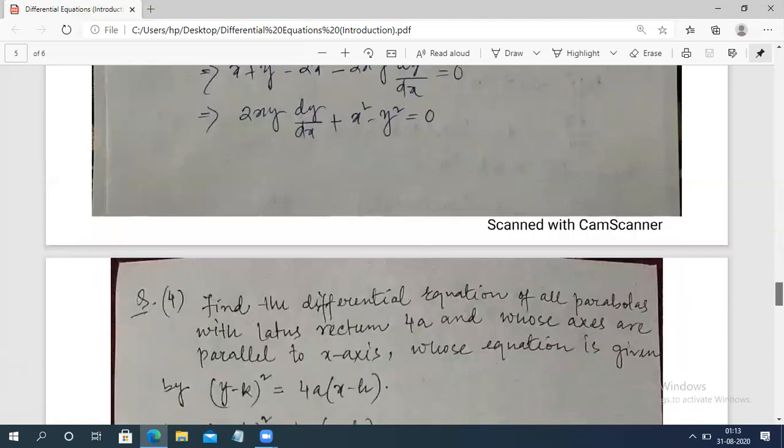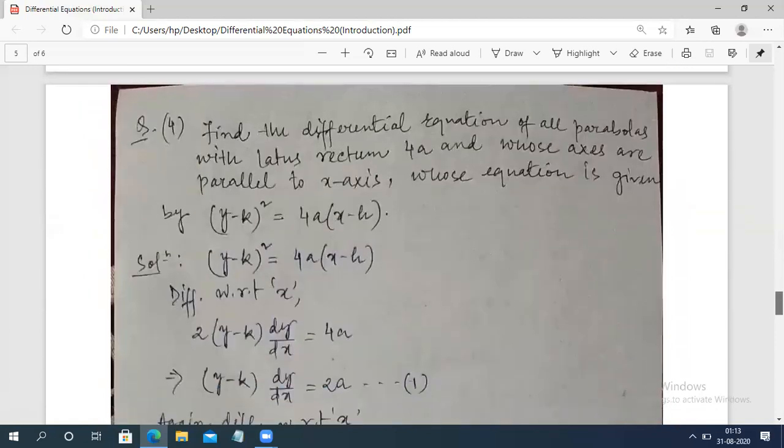And the next question: find the differential equation of all parabolas with latus rectum 4a and whose axes are parallel to the x-axis, whose equation is given by y minus k whole square is equal to 4a times x minus h.